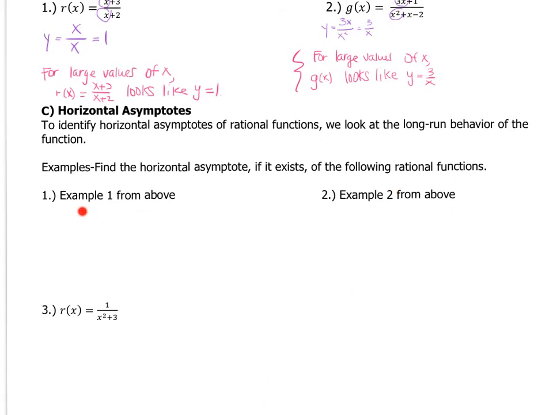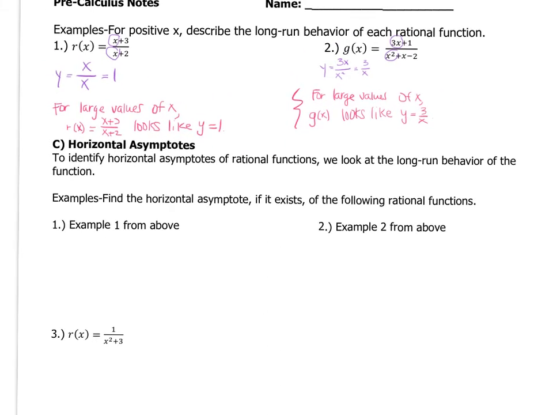So we're going to do that for example 1, which we did up here. So basically, because the long run of this first example was y equals 1, that's also the horizontal asymptote.